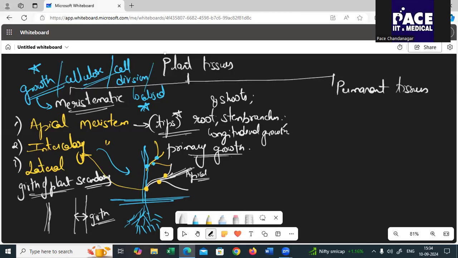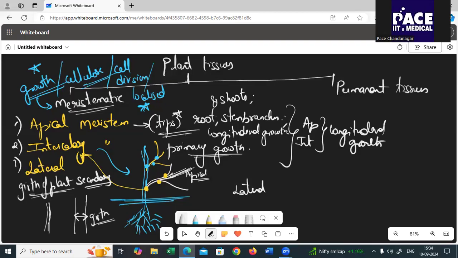Yeah. Then, both apical and intercalary are my longitudinal growths. Whereas lateral meristematism is growth in the diameter.